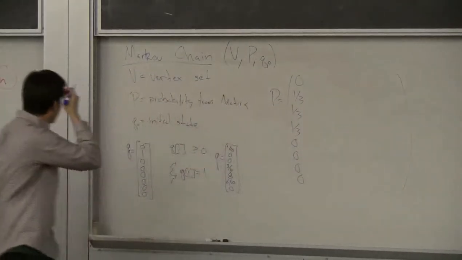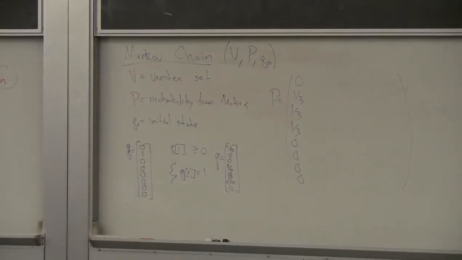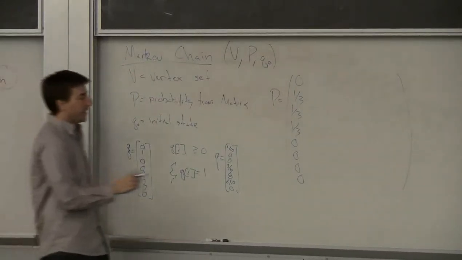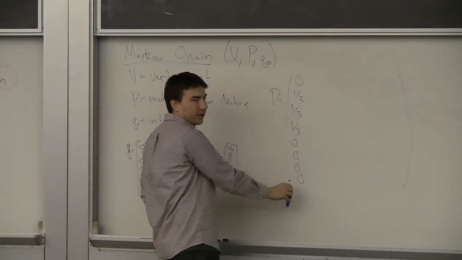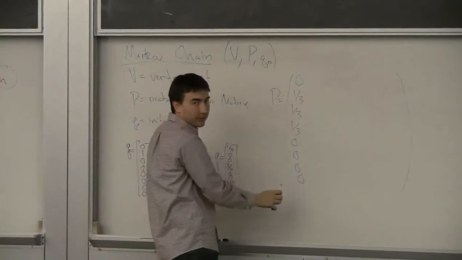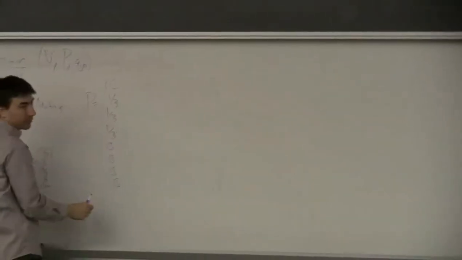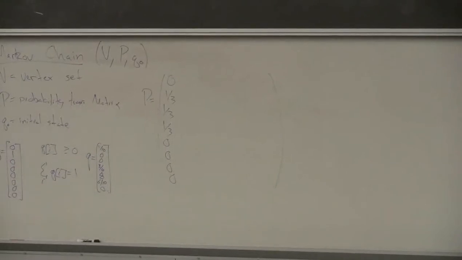So I'm going to take each of the columns here, and I'm going to normalize them, so I'm going to divide through by the total number of entries so that the sum of each column is equal to 1. Okay? And so if I did this for this adjacency matrix, I'm going to get a probability transition matrix that looks like this.